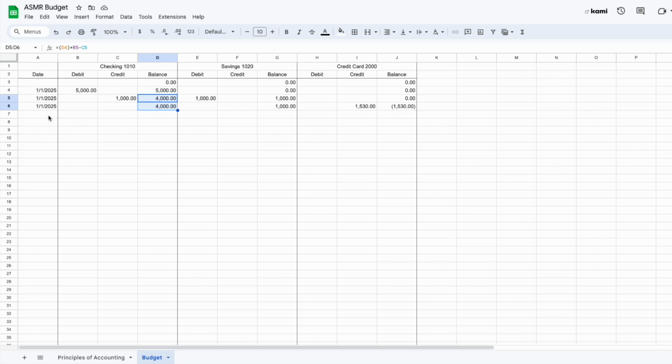A few days pass. Let's say on the third day, you go shopping and buy some groceries for $200. If you live in the United States, it's very common to buy all your groceries at the beginning of the month for that month.